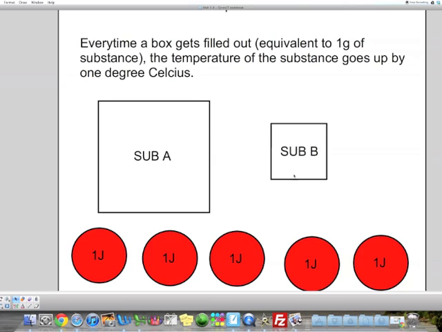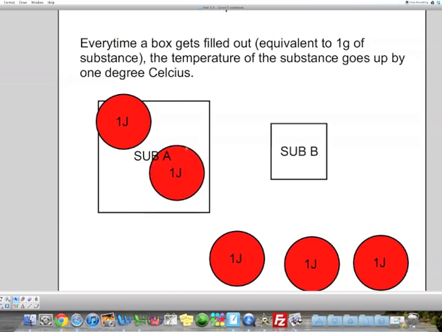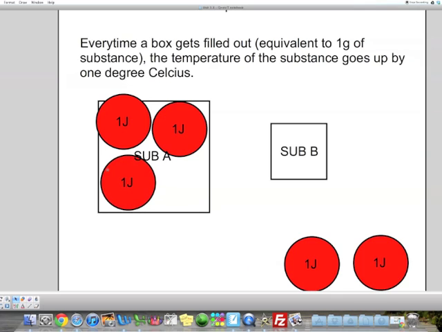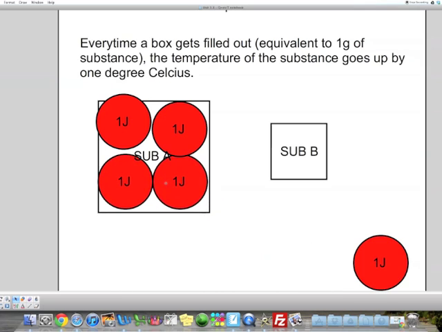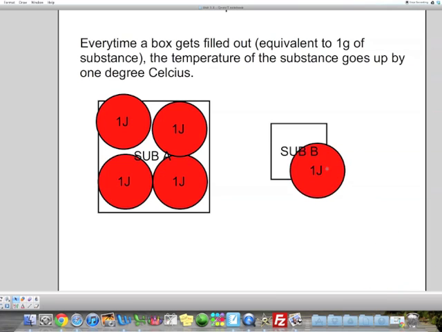They both weigh 1 gram, and I want to increase their temperature by 1 degree Celsius in both cases. So substance A will need 1, 2, 3, 4 joules to fill up my box, therefore to increase the temperature by 1 degree Celsius. And substance B will need 1 joule to fill up the box, in other words, to increase the temperature by 1 degree Celsius.